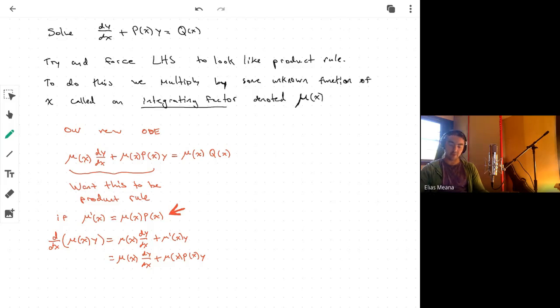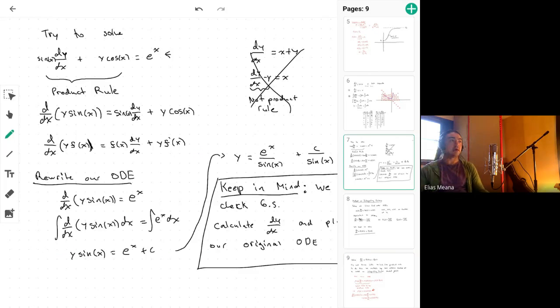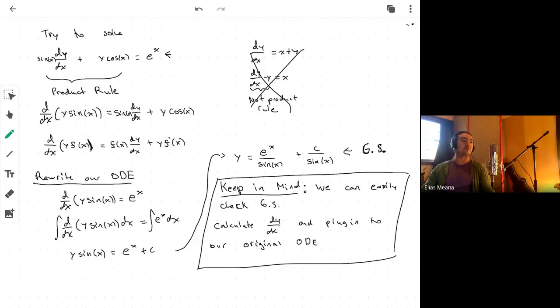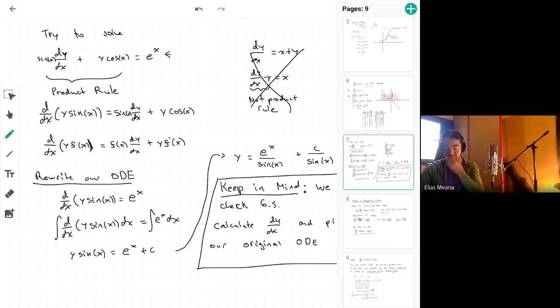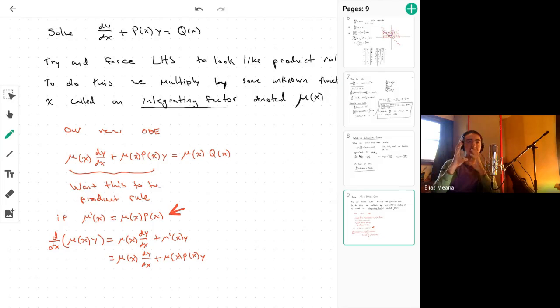And the reason we want to do that is because we just talked about an example, right here, where if we have product rule on the left-hand side, we can pretty easily solve this differential equation. Because we can just rewrite the left-hand side as a derivative and we can integrate derivatives. Integrating derivatives is super easy. We just cancel out the derivative, okay? So if we can force our equation to have just one derivative on the left-hand side and something on the right-hand side, then we're going to be able to solve this differential equation.